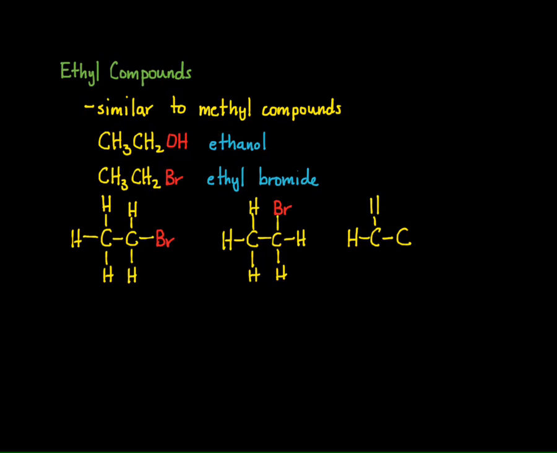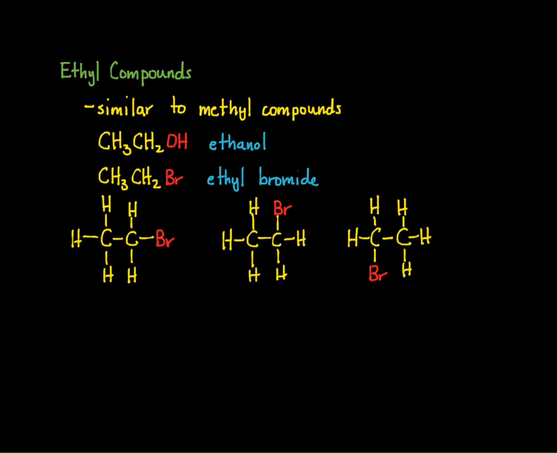And as a matter of fact, I can place the bromine on the other carbon, and it also doesn't matter, right? Because I can essentially rotate that molecule around to give any of the other 2 structures, right?